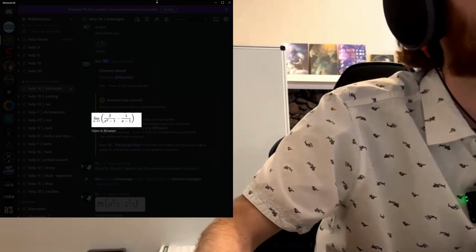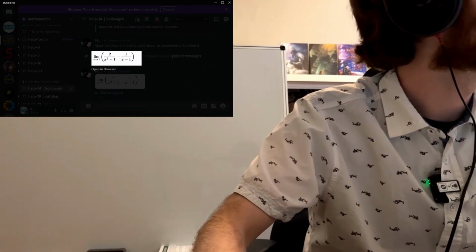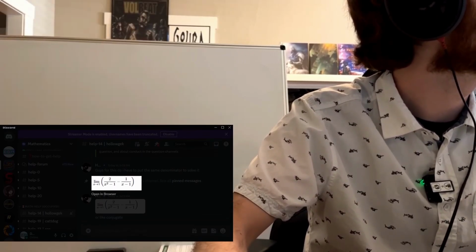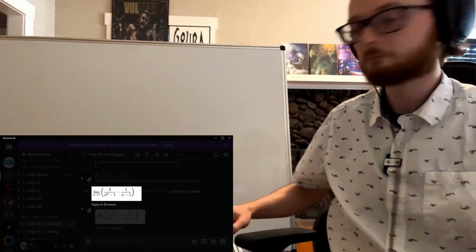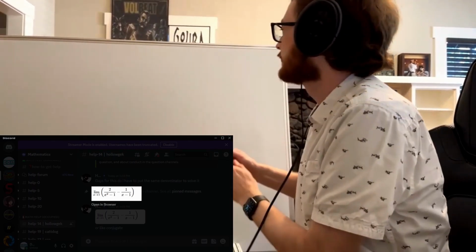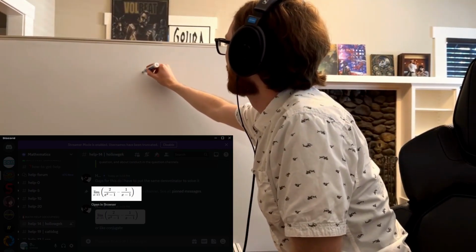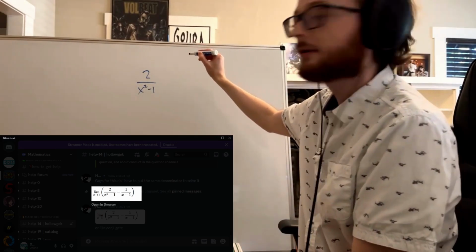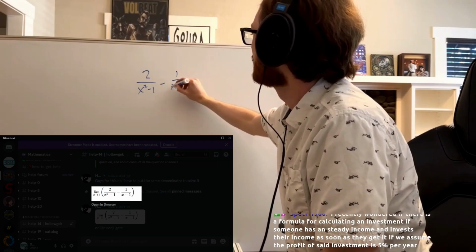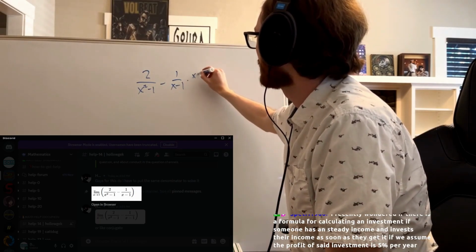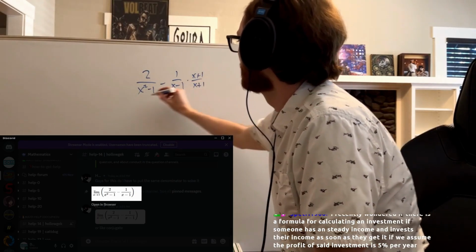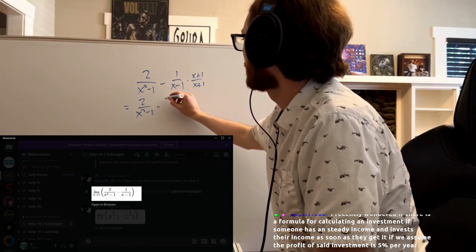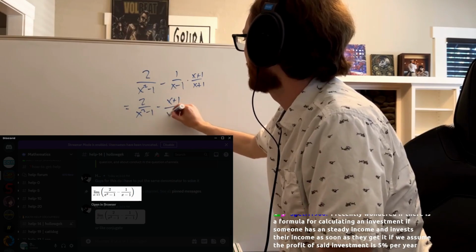Let me try this, because I bet there's going to be simplification here. And I bet that someone's going to beat me to it, but so be it. Two over x squared minus 1 minus 1 over x minus 1. So multiply this one by x plus 1 over x plus 1. 2 over x squared minus 1 minus x plus 1 over x squared minus 1.